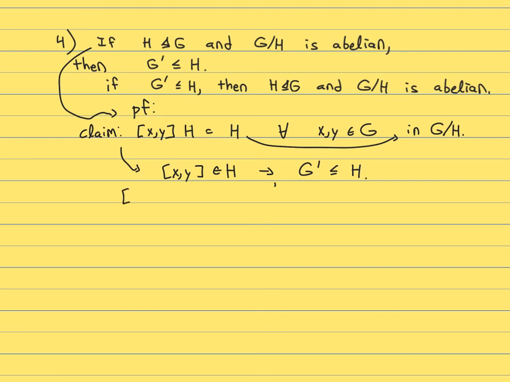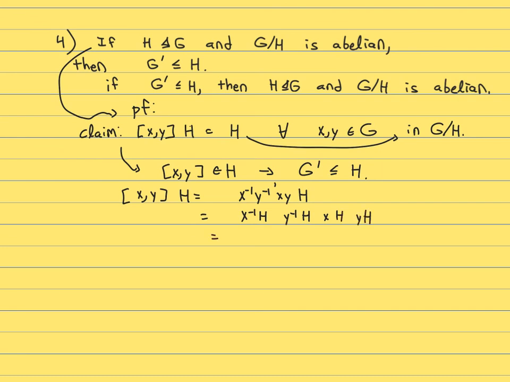So let's calculate this commutator. It's x inverse y inverse xy. But since you're working in this quotient space, that's also x inverse H times y inverse H times xH times yH.